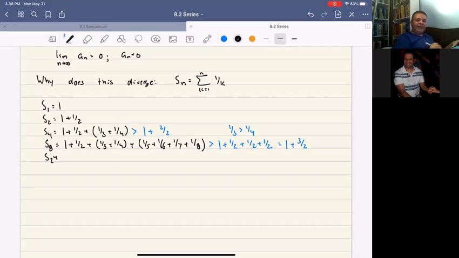So this is 1 plus 1 half plus 1/3 plus 1/4 plus, I'm not going to write all these down, plus 1/9 plus 1/10, I'm not going to write these all down either, all the way to 1/16.